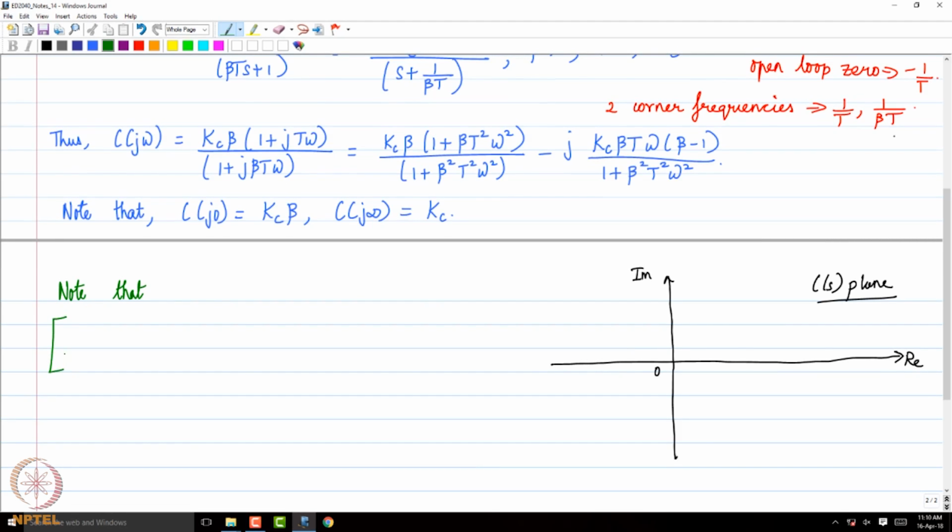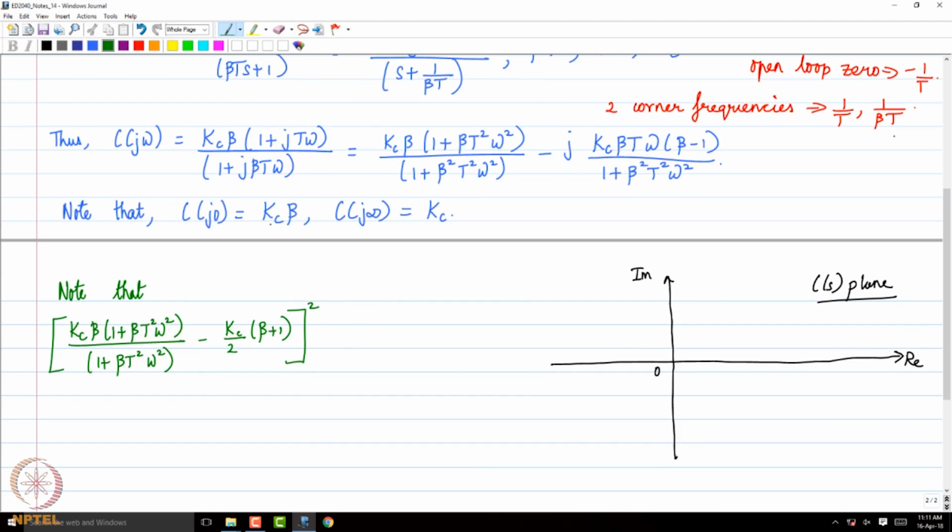So once again we can note that if I take the real part and subtract the center of this particular term, which is going to be Kc by 2 times (beta plus 1), whole square.